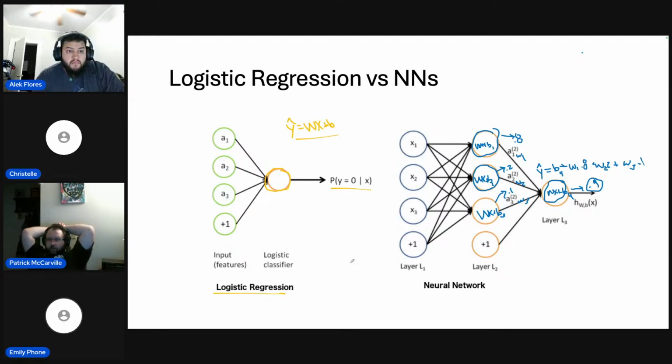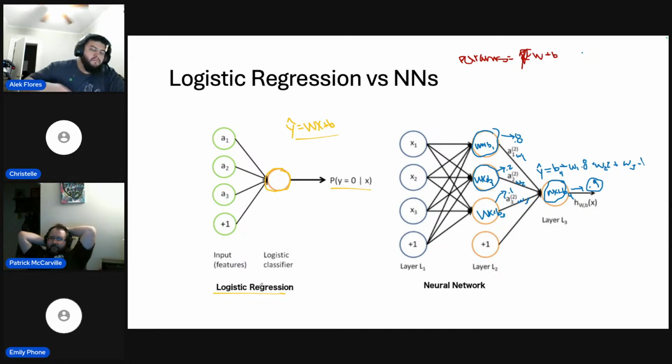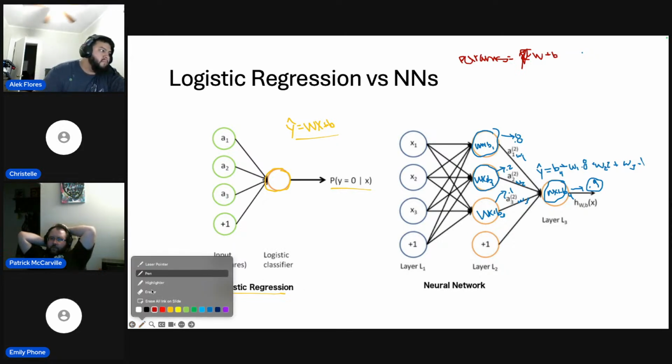Now you guys know what that means, because the parameters are the sum of the weights and the biases. So the parameters in a neural network equal the weights plus the biases, the count of them.